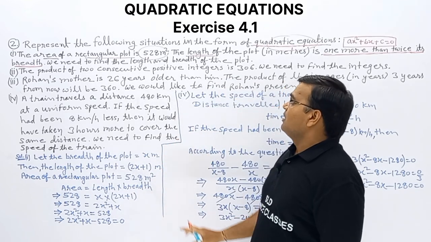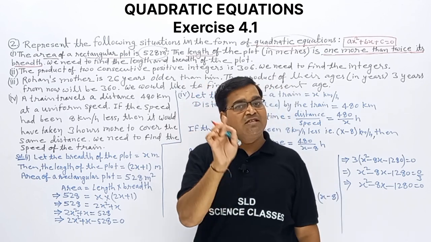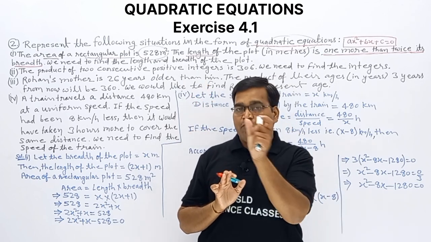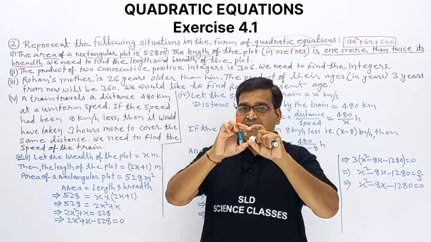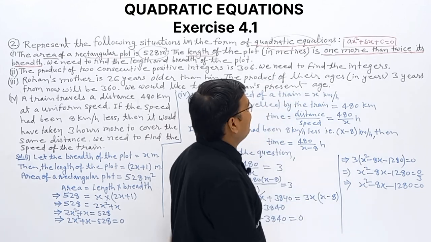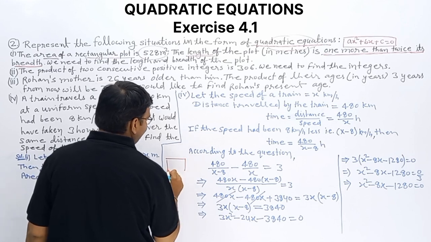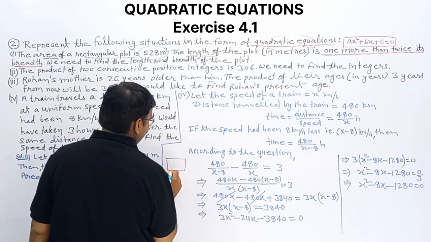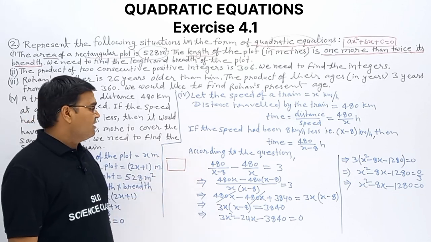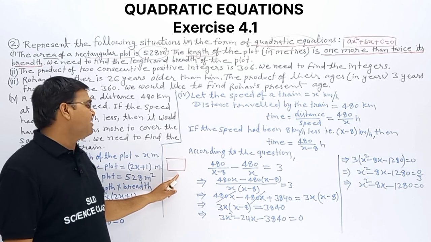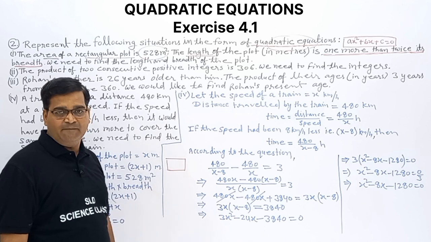Observe, this is the area, and length and breadth, two things are there. We have a rectangle shape. A rectangle has four sides and four angles, and each angle is 90 degrees.